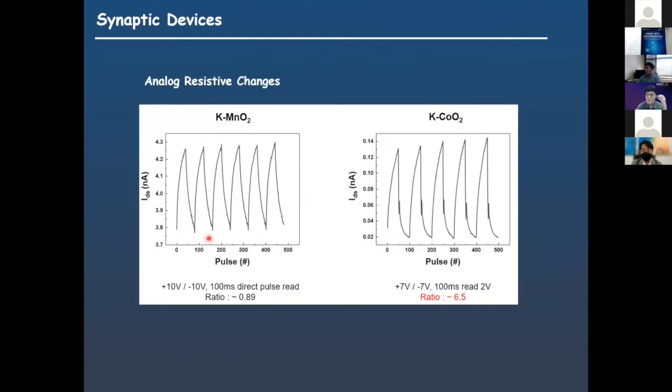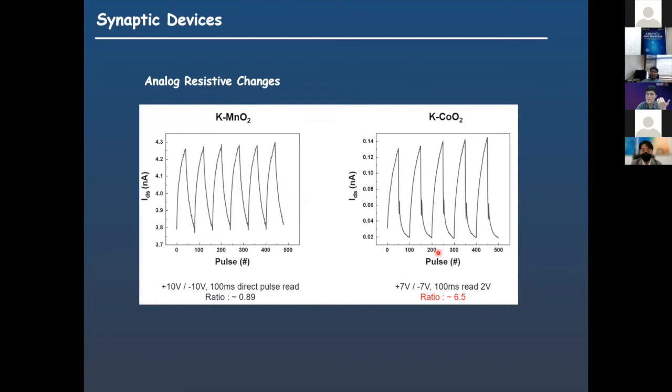And using such a situation, we can design a synaptic device based on ion transport. Here is the synaptic device, the analog resistive change. Depending on the pulse we apply, there is synaptic behavior. And interestingly, in the case of cobalt oxide, it shows a much larger ratio of the high current and low current region.